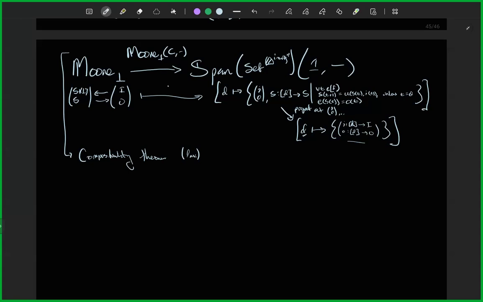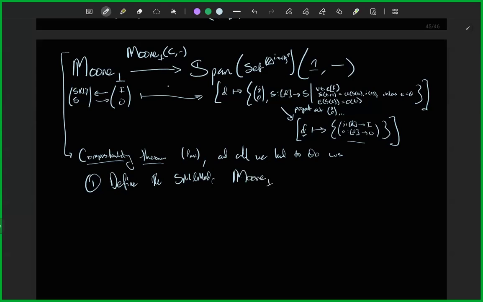So it should be pseudo. If it is, it would be like a real compositionality theorem. And all we had to do was, one, define the symmetric monoidal loose right module of Moore machines, which by the way we can do in a systematic way, as we described earlier in this series.